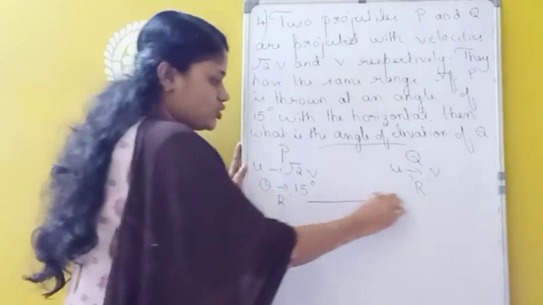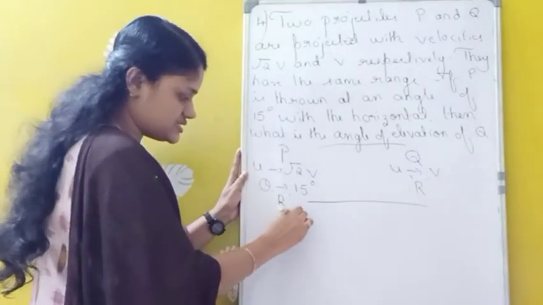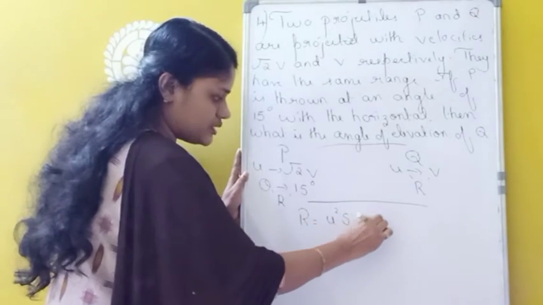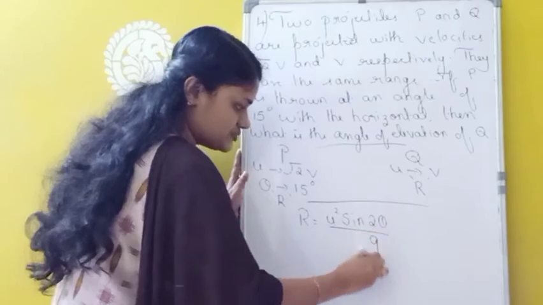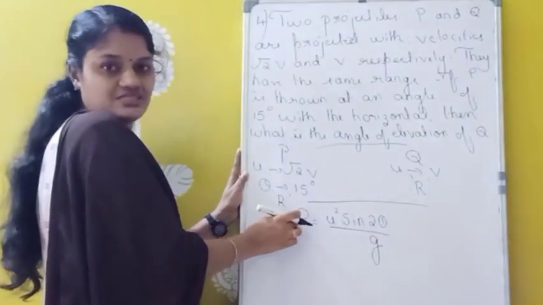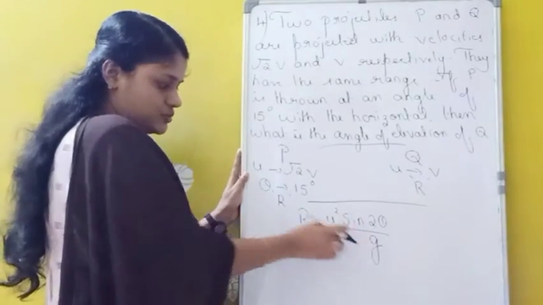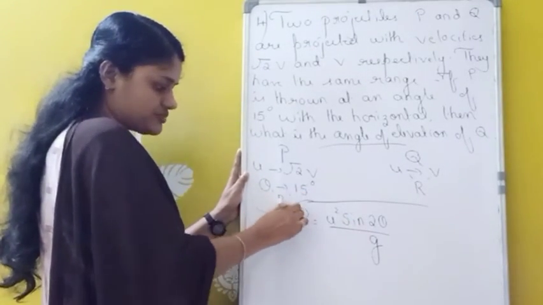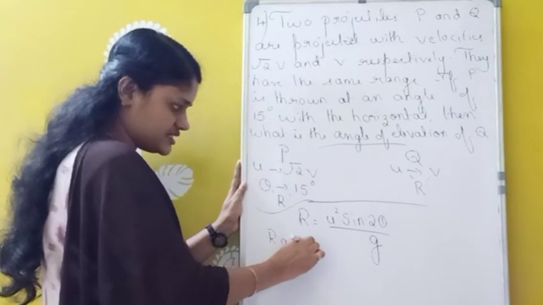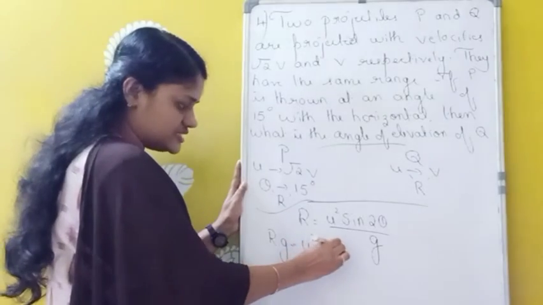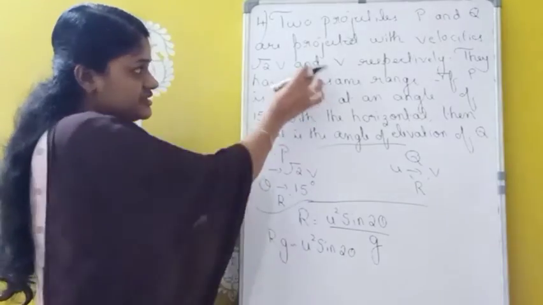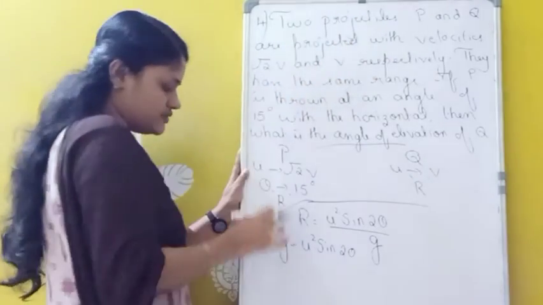Now we know the formula for range. What is the formula for range? R equals u square sine 2 theta by g. But it is given that for both these projectiles, the range is the same. Suppose I cross multiply this, what we will get now? R into g equals, on the right hand side, u square sine 2 theta. But g we know is already a constant, and here for the projectiles P and Q the range is the same.